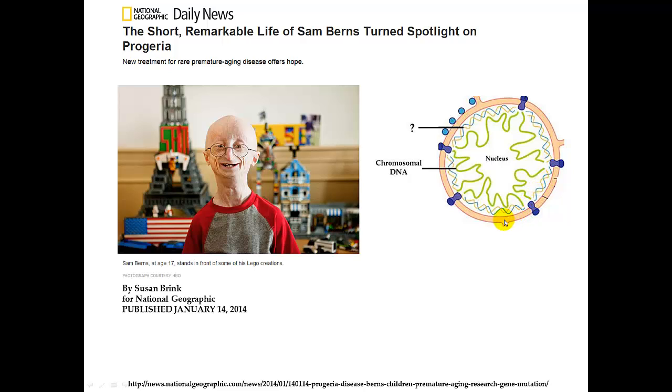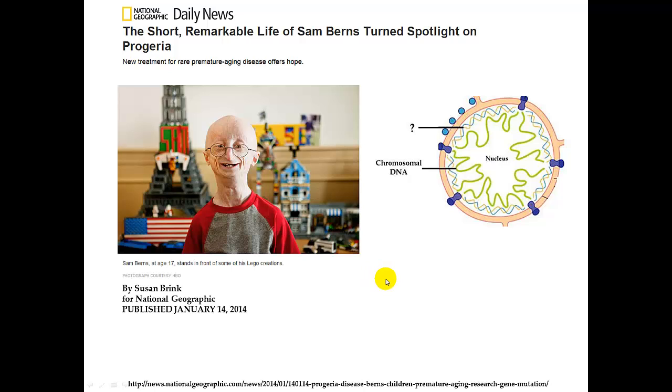And so basically what happens if someone has progeria is that the lamina of the nucleus is misformed. Those with progeria can't make a properly formed lamina, which means that the nucleus is weaker, which means that the DNA inside of it is more prone to breaking down, and that's what causes this accelerated aging to occur.